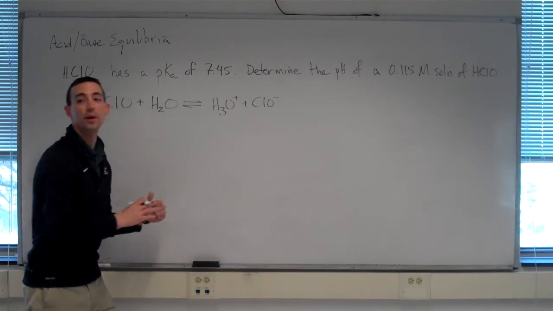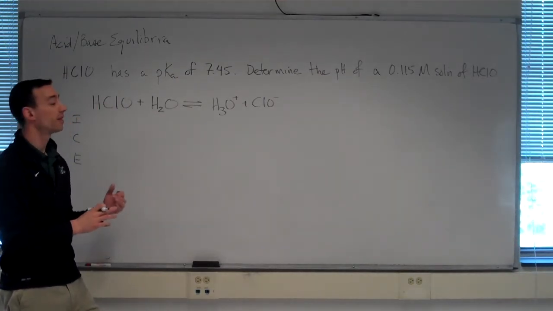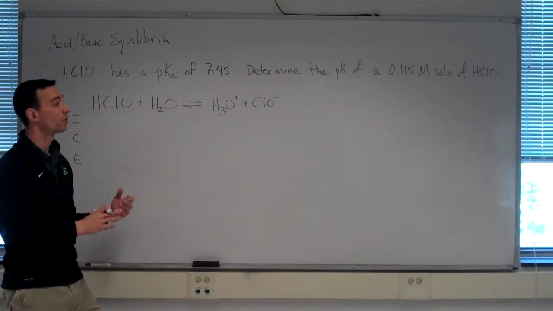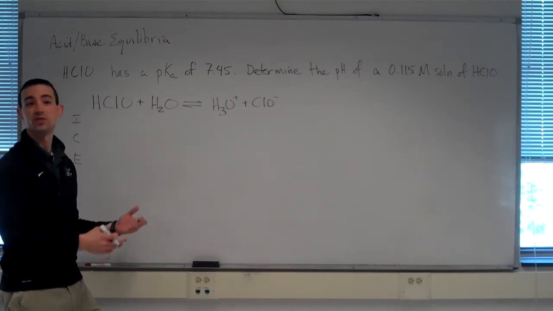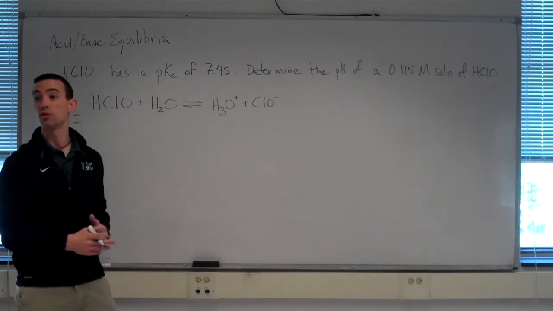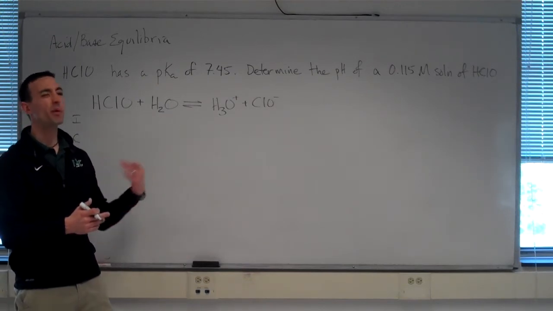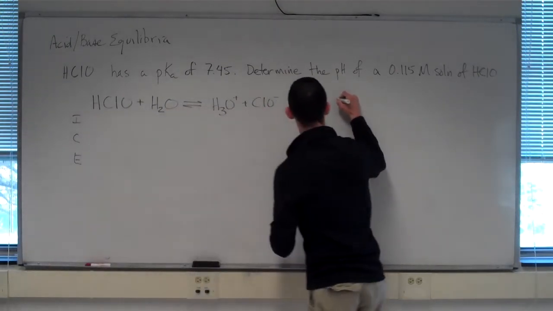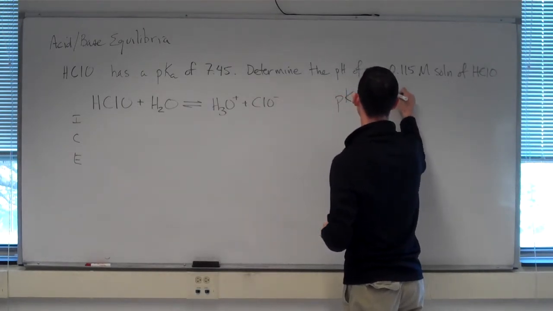Last chapter, we would have done this problem: find the amount of H3O in a 0.115 molar solution of HClO once it has reached equilibrium. That's how the problem would have been worded last chapter, and then I would have told you the equilibrium constant. So now it's really the same thing, but we're going to have to find the equilibrium constant first from the pKa being 7.45.